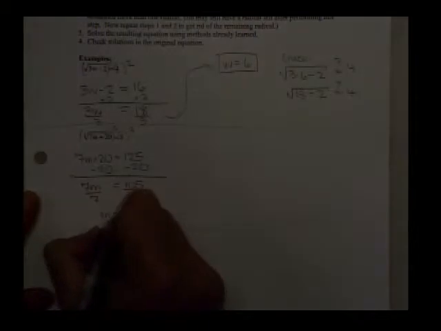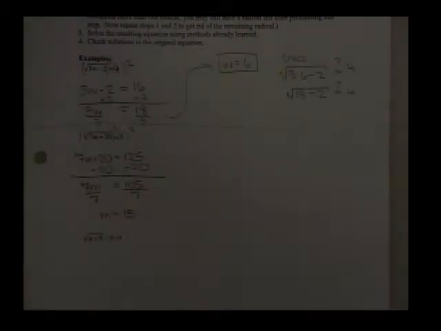I want to solve for m, so what should we do first on each side? Minus 20. So 7m equals 105, and then divide by 7. And that's m equals 15.